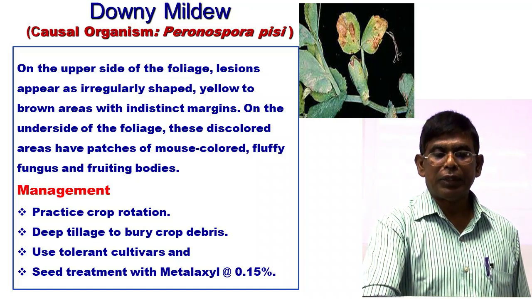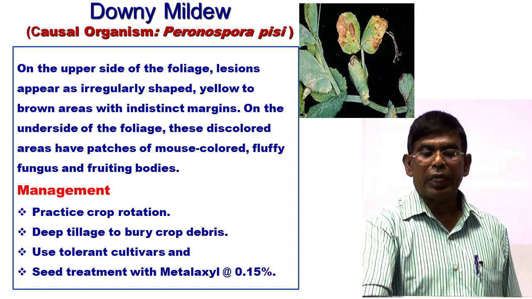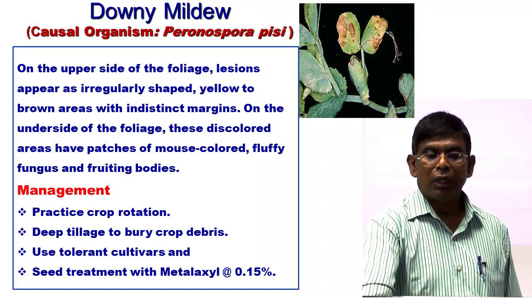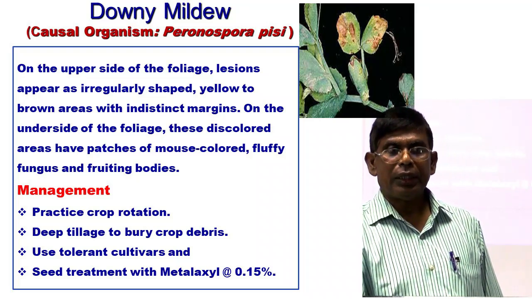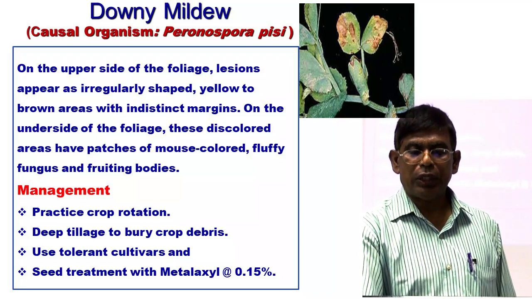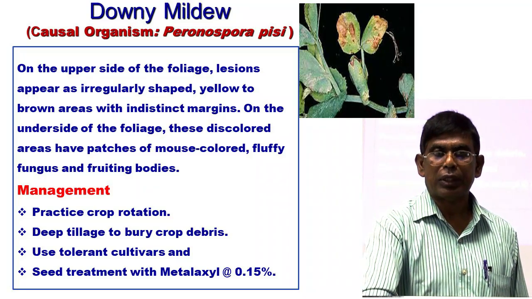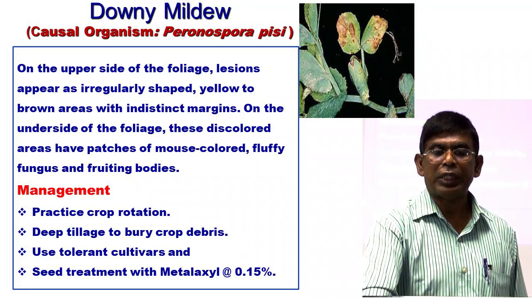Its management can be done by practicing crop rotation, then deep tillage to bury the crop debris, then use of tolerant cultivars, and also seed treatment with metalaxyl at the rate of 0.5% will be helpful to check this downy mildew disease.